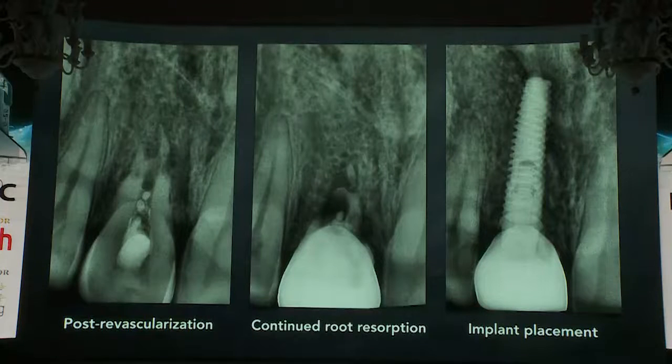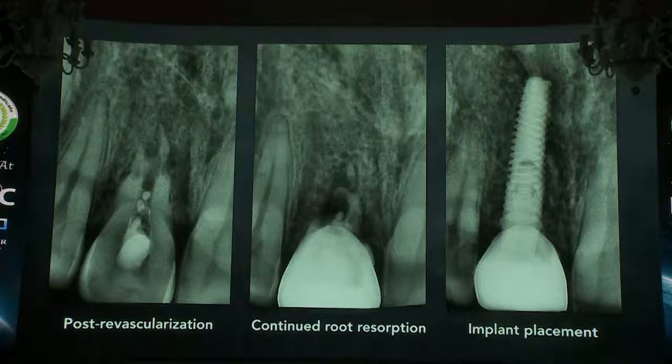He informed me he needed only a crown in this case. I started a trial of revascularization, but it failed. After 1 year, I found there was a complete resorption and the tooth was replaced by bone. I extracted the tooth and placed an implant.